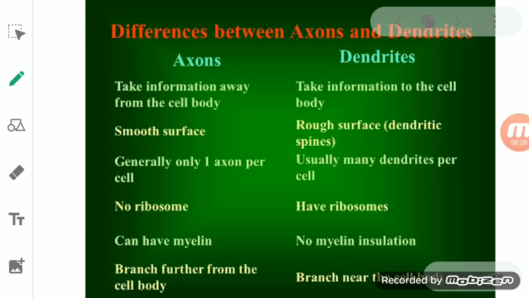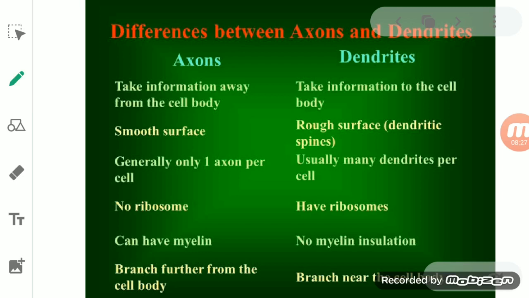The first function of the axon is that it takes information away from the cell body. It means it carries impulses away from the cell body, while the dendrites carry impulses towards the cell body.